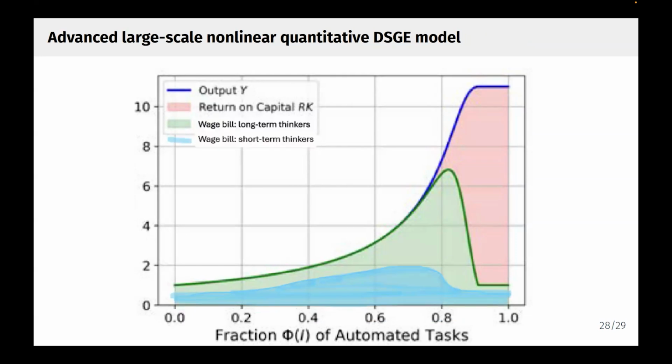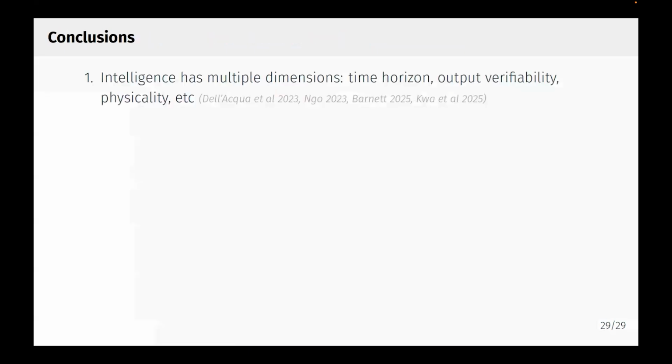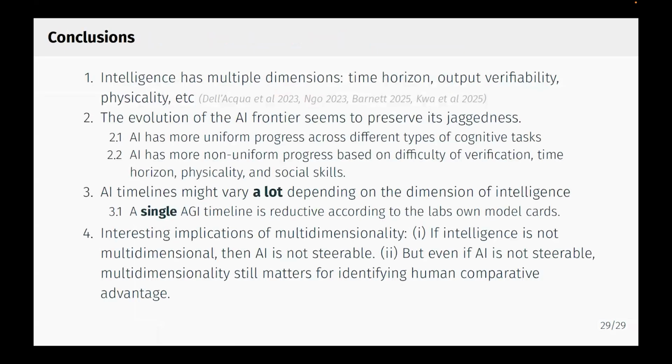One result you might get, if you were to simulate the economic implications of continued jagged progress with two types of workers, long-term thinkers and short-term thinkers, is that the wage collapse for short-term thinkers comes before long-term thinkers. Just as an example, I'd be curious if you have any thoughts on what would be most interesting to see in taking this to a model.